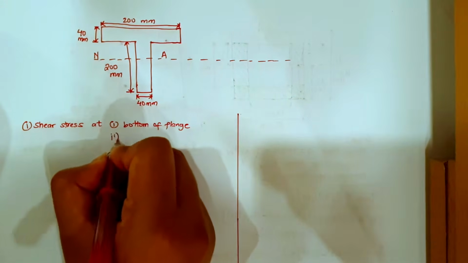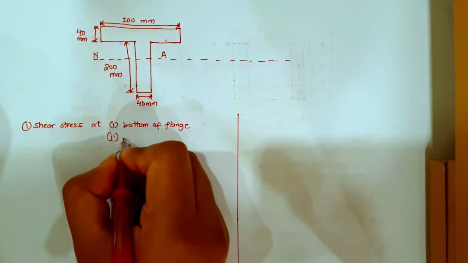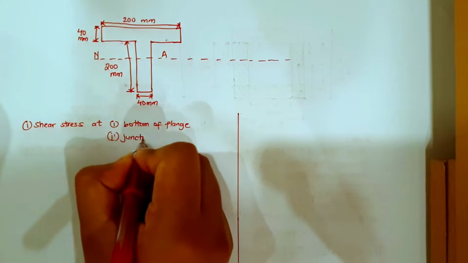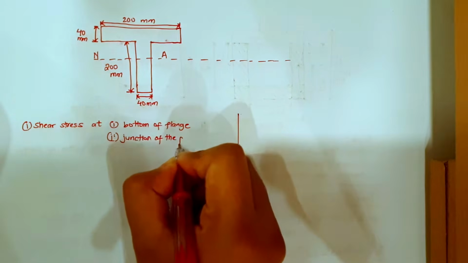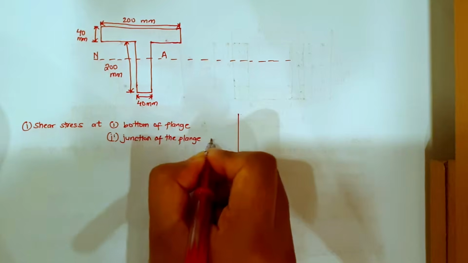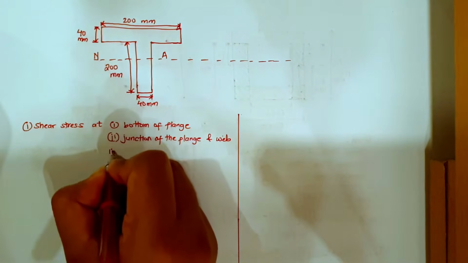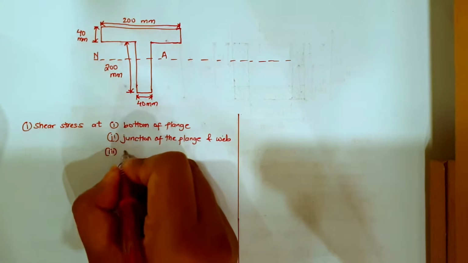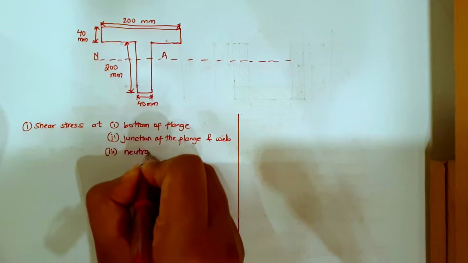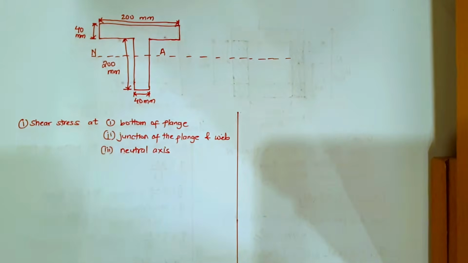Number 2, junction of the flange and web. And number 3, at neutral axis. So for these 3 portions we need to find the shear stress.